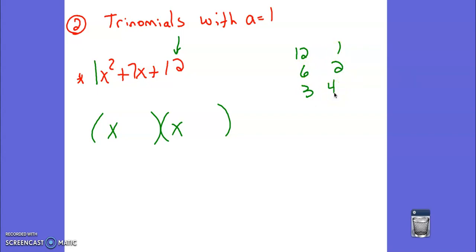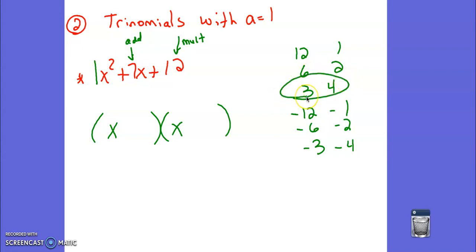I also want you to consider all the other ones, the negatives, so negative 12 times negative 1, negative 6 times negative 2, and negative 3 times negative 4. Those are all the possibilities that multiply to give you the last term. But then you look at the middle term, and only one of those will add together to give you positive 7. So positive 3 and positive 4.